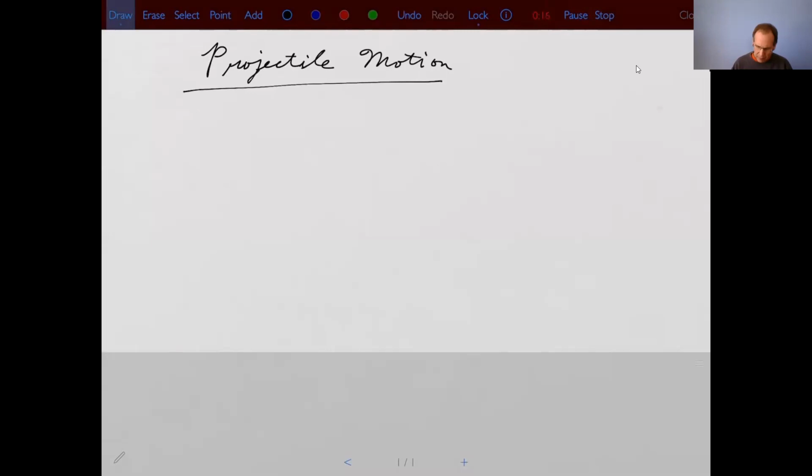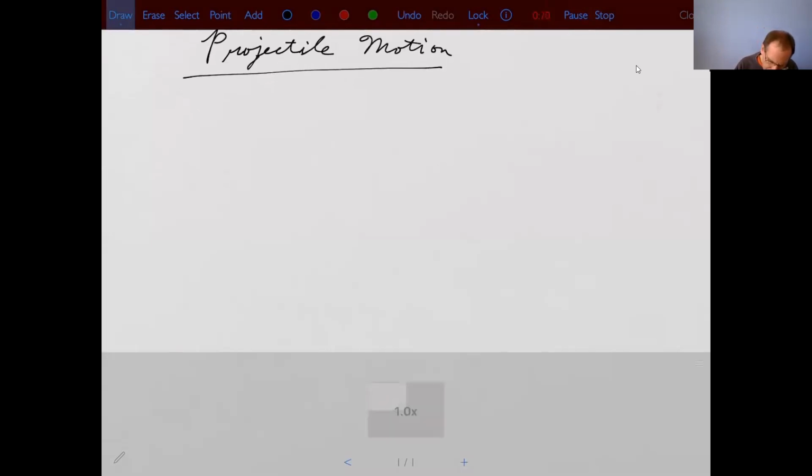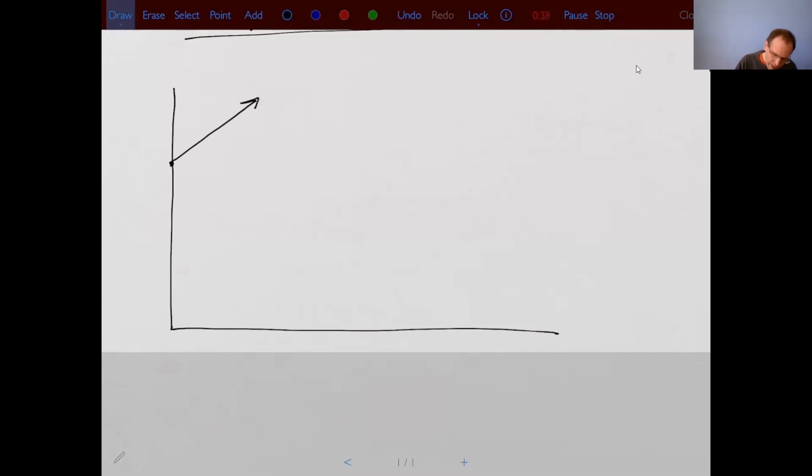So you can think of this, let's say we have a gun, like basically we use a spring-loaded gun in lab to launch marbles. So let's say that the marbles are launched from some particular height. I'll draw this vector. So this vector is the initial velocity that the ball is launched at.